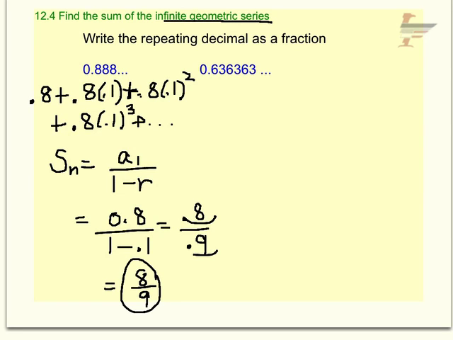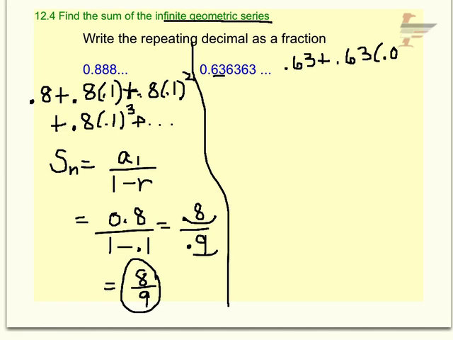Pretty cool. I just want to make sure you get one more. I'll go through this one a little bit quicker, but 0.63 repeating. So if I write that out as a sequence, 0.63 is my first term, and I group this in repeats, of course. So plus 0.63 times a hundredth.